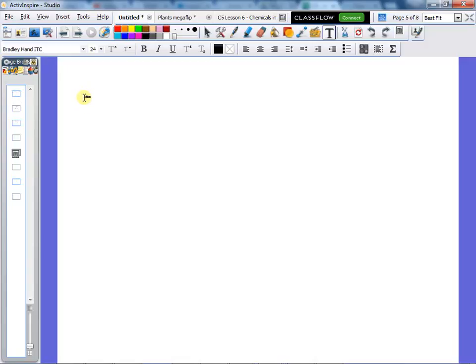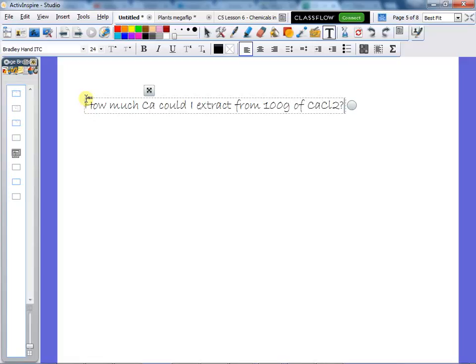If I've got a question such as how much calcium could I extract from 100 grams of calcium chloride, how would we go about doing this?